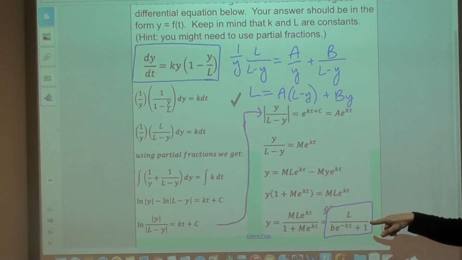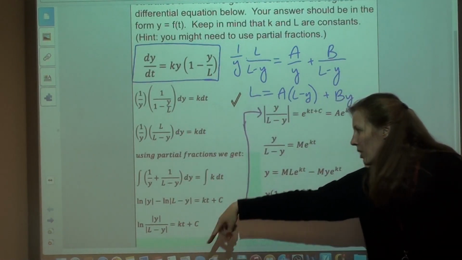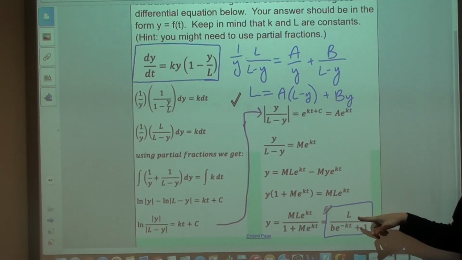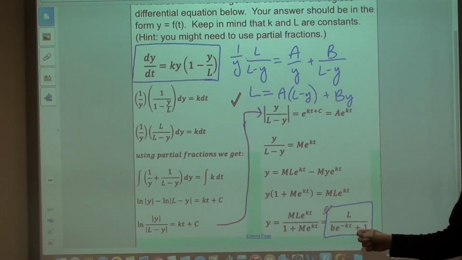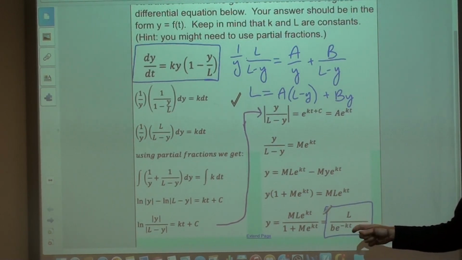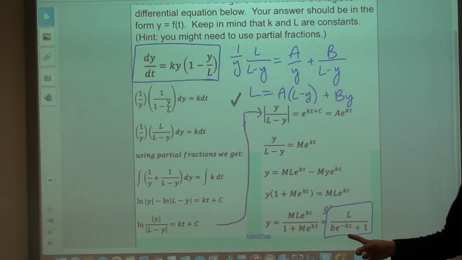Now, the optimum method would be to not have to do all of this every time. So I'm actually going to encourage you to memorize this, rather than having to sit there and re-derive it every time you need it. Okay?